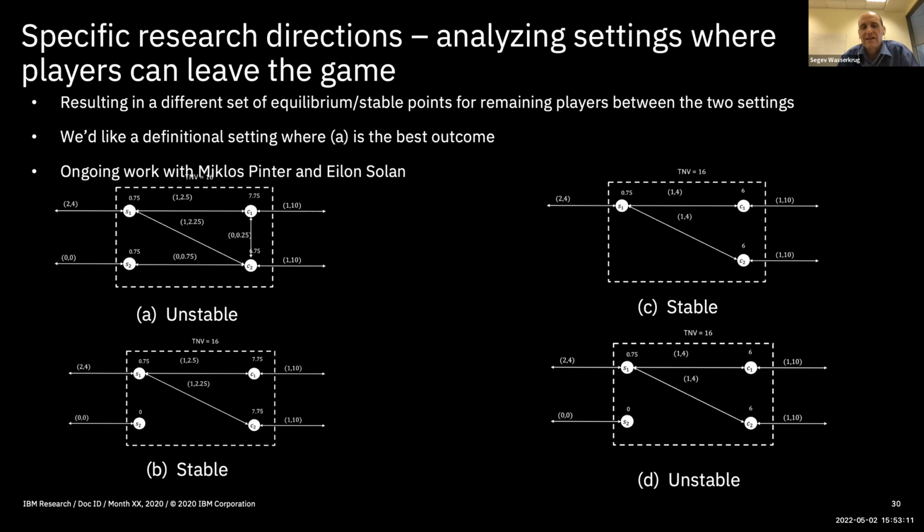But if that supplier leaves the game, then the single remaining supplier becomes a monopoly, and they can charge a very high price for their good, much higher than what would have been paid to the more expensive supplier. And many of the traditional solution concepts actually say you should give zero to the remaining supplier. So again, this seems problematic, and this is another area where we're looking.